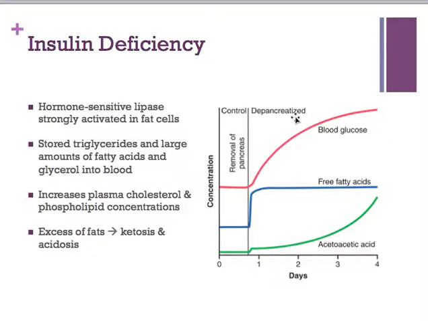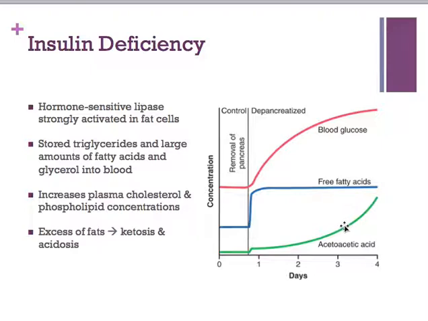The other problem with that is that it goes along with this creation of free fatty acids. So you have a high level of fats. You can go into something called acidosis, which is an overproduction of acetic acid, which will drive down the pH of the body. That is referred to as diabetic ketoacidosis.